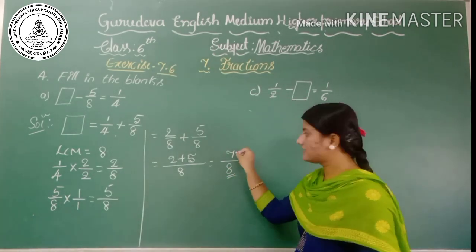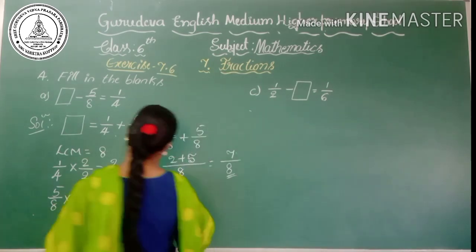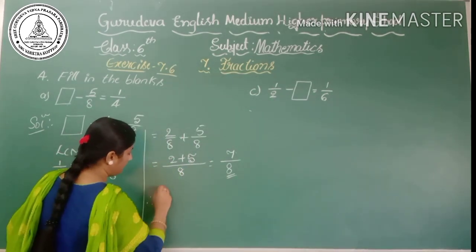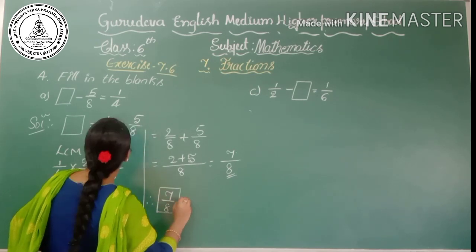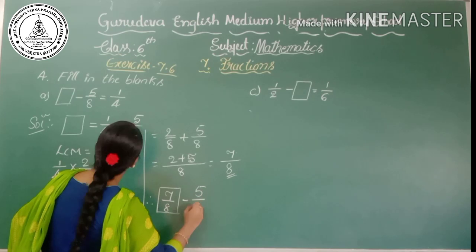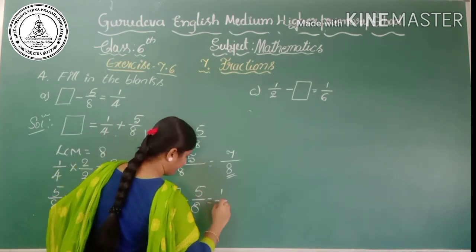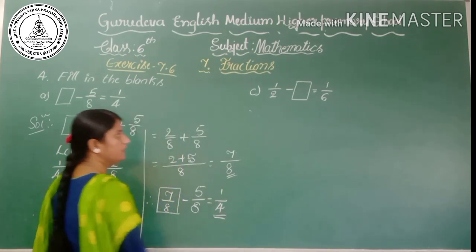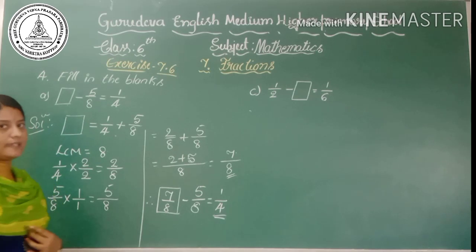The fraction 7 by 8. Therefore write down here: in the blank we have to fill 7 by 8 minus 5 by 8 which is equals to 1 by 4. Is it clear?